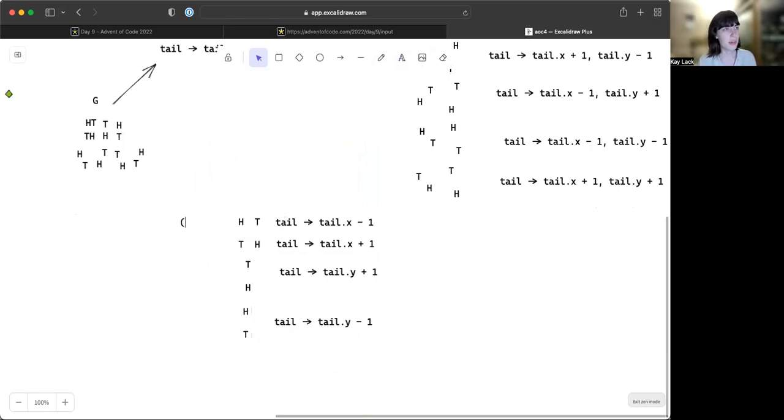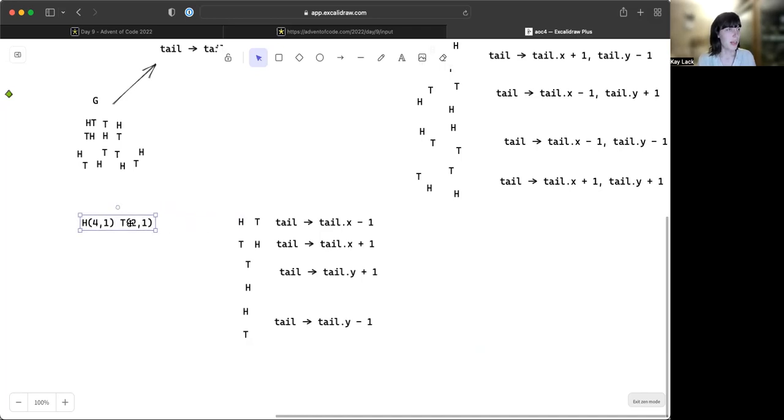So let's say we've got 4. So the head is at 4, 1, and the tail is at 2, 1.